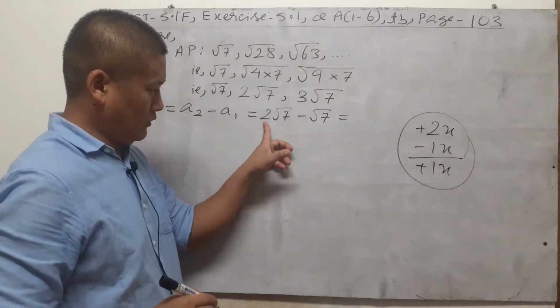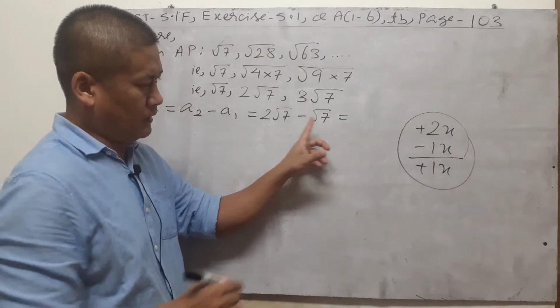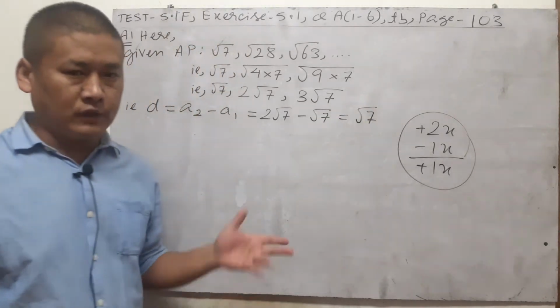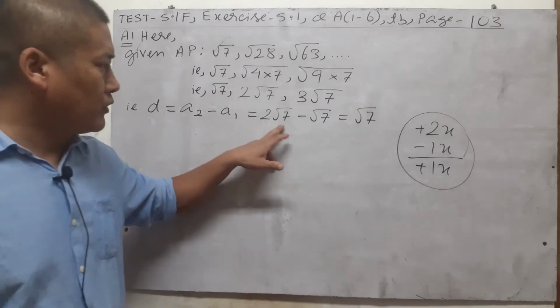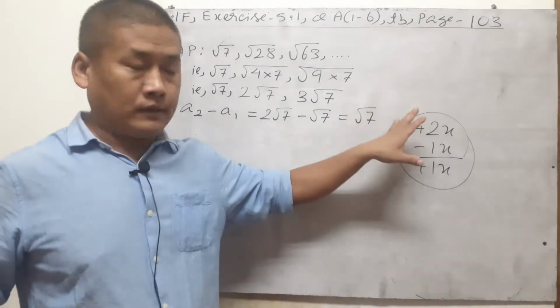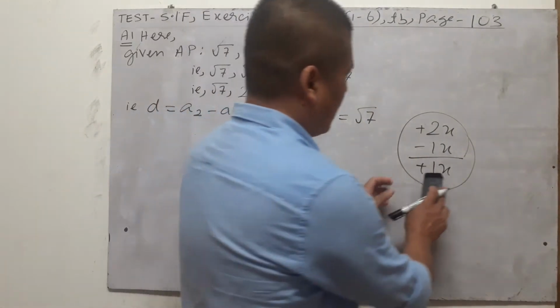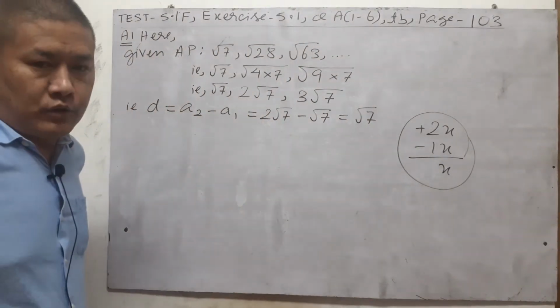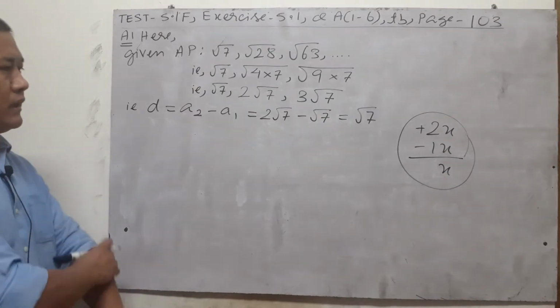Similarly, 2 root 7 minus 1 root 7 is 1 root 7, the one we never write. It's something like 2x minus 1x is equal to x, because we don't write 1 here as well. Even though it means 1x, we don't write it, we understand it to be 1 without writing it.